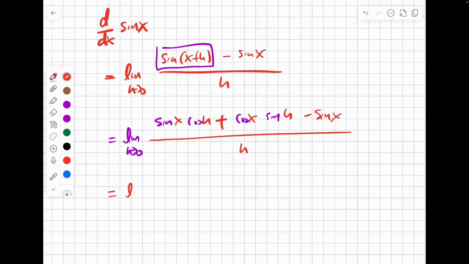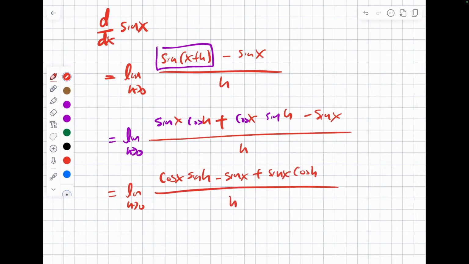So that's equal to the limit as h approaches 0 of cosine of x sine of h, minus sine of x, and then plus sine of x cosine of h, over h. And you're like, why do I do that? Now remember, when the bottom is one term, what do you do?